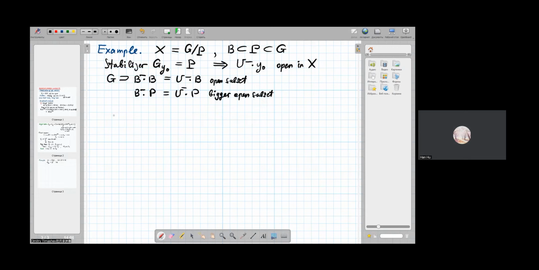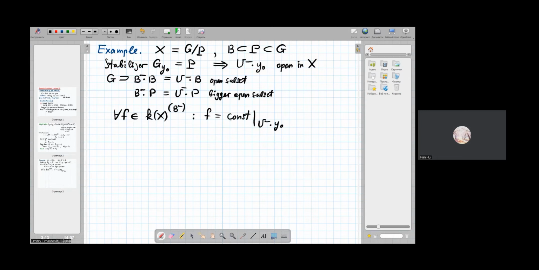any semi-invariant function on X, semi-invariant with respect to B minus, the opposite Borel subgroup, is actually constant on the U minus orbit, because the eigenweight of F is a character of B minus, but any character is identically one on the unipotent part, on unipotent elements.